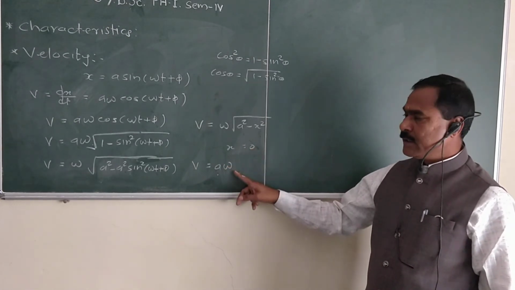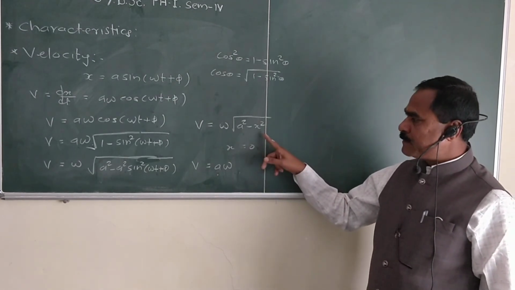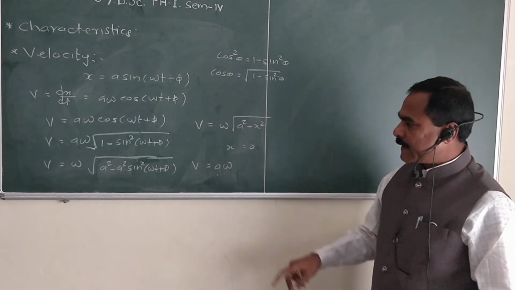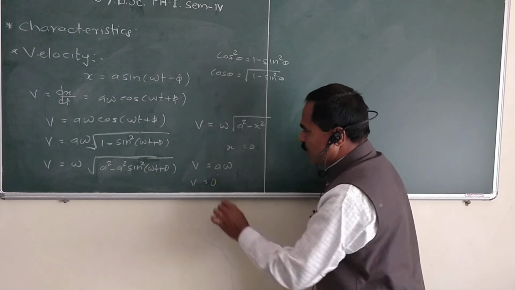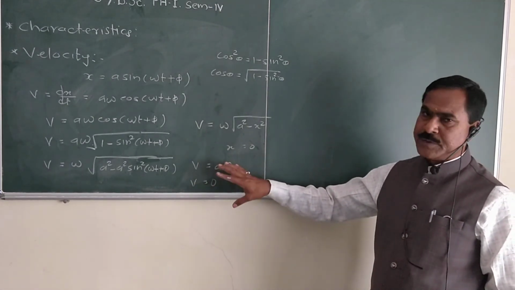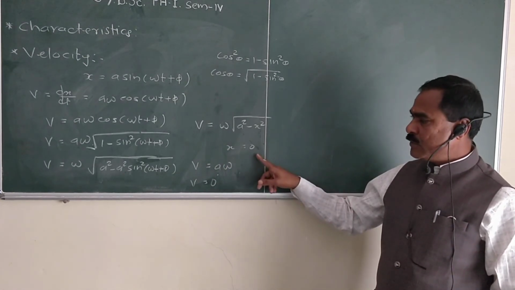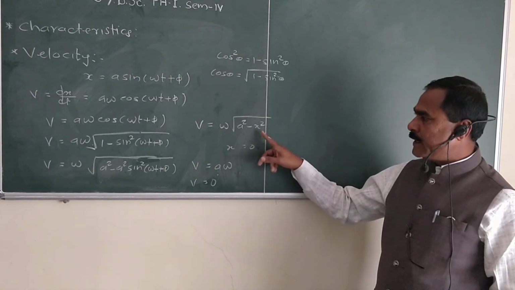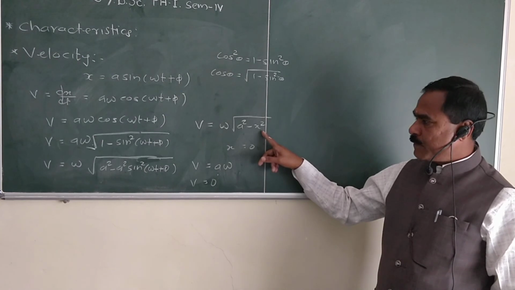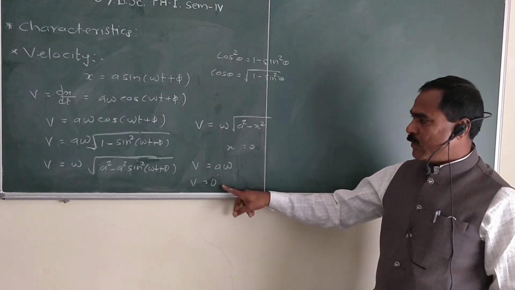And when we take the maximum displacement of the particle, that is x equal to a, then at that time we get v equal to 0. That means velocity is maximum when the particle has displacement equal to 0, and when the particle is away, at the large amplitude, at that time velocity is 0.